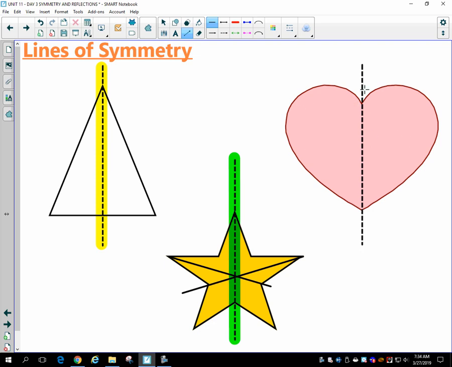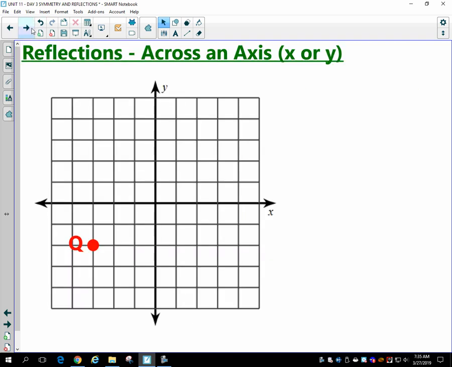It's sort of like a mirrored reflection. So if this part of the heart was sort of looking into the mirror, it would see this part. So when talking about reflections, we talk about symmetry because reflections really create a symmetric picture.